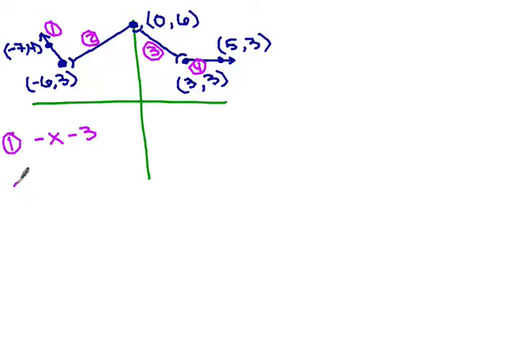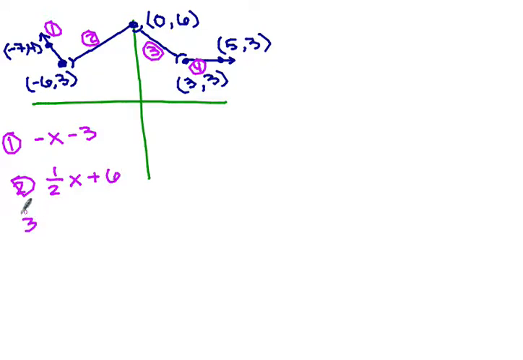And then equation number 2, my slope, I'm going to have a rise of 3 and a run of 6. So this has a slope of 1/2. I give you the y-intercept there, so I know that this is +6.